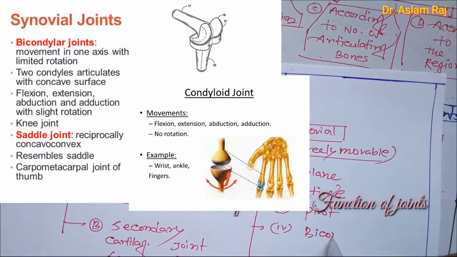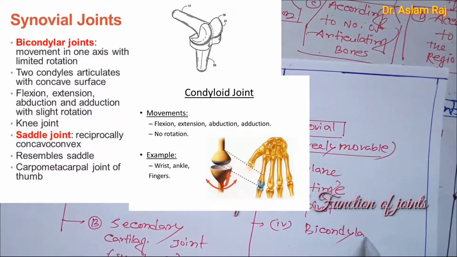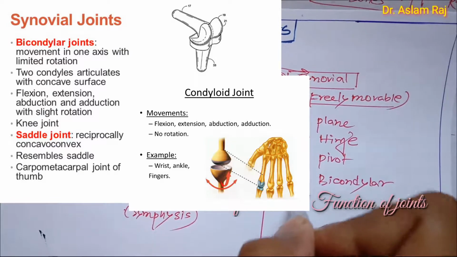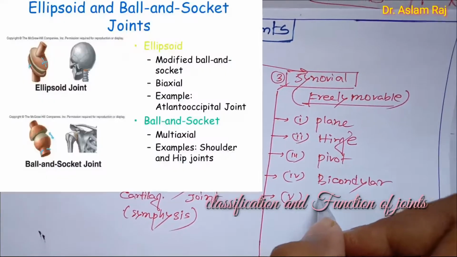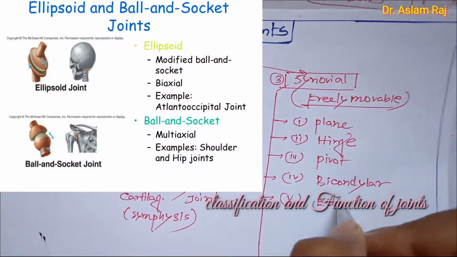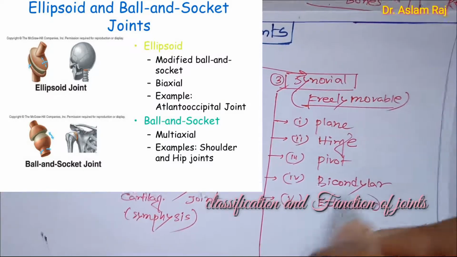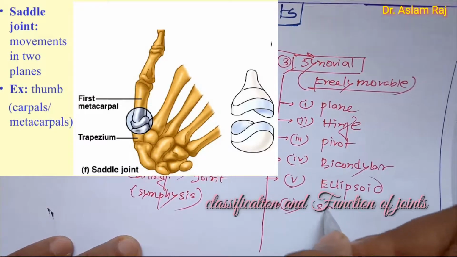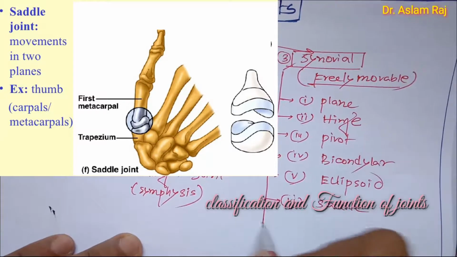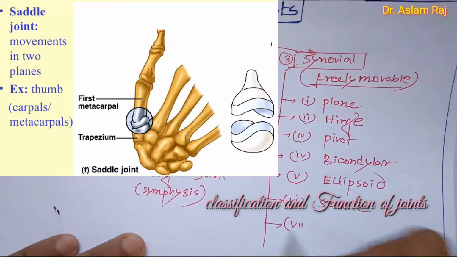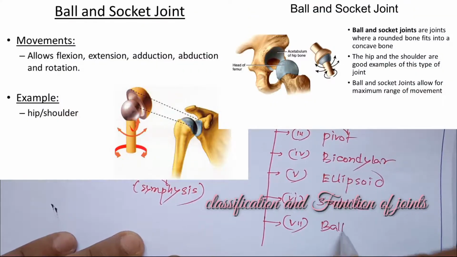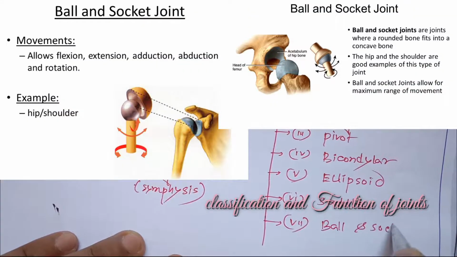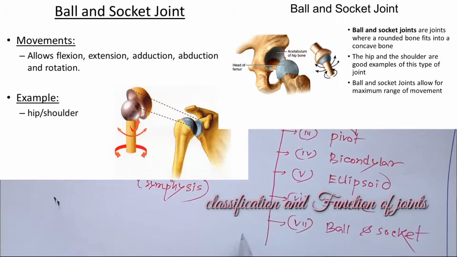And fourth one is bicondylar joint or condylar joint. Fifth one is ellipsoid joint, also called modified ball and socket joint. Sixth one is saddle joint. Movement in two planes. It's present in the thumb, carpal and metacarpal. And seventh one is ball and socket joint. You may see, guys, on the left side.